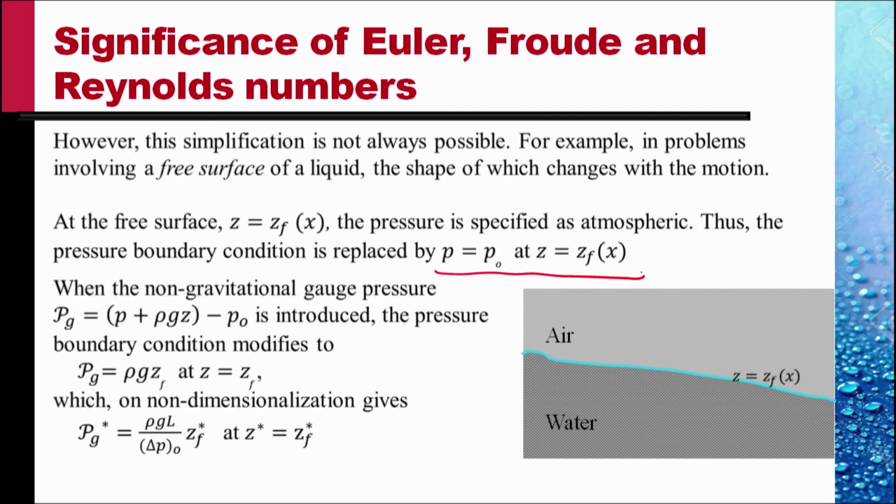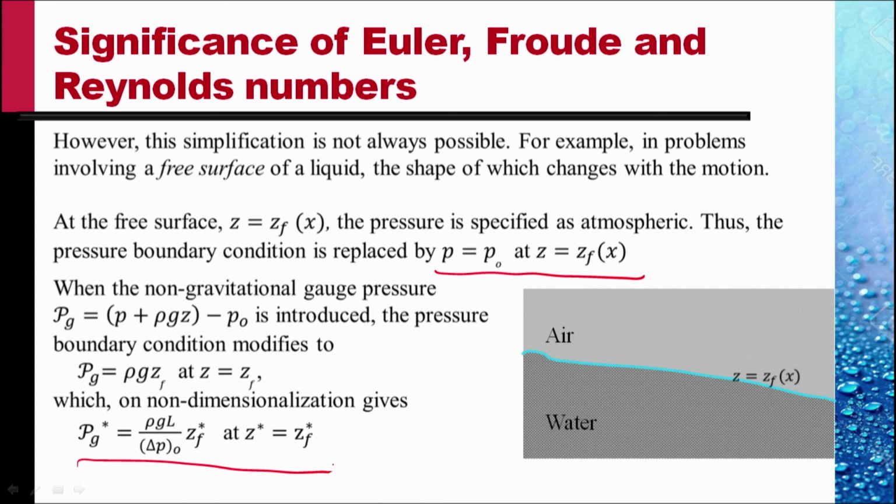When the non-gravitational gauge pressure script P gauge is introduced, the pressure boundary condition in this case is modified as Pg is equal to rho g zf at z is equal to zf, which our non-dimensional gives this.